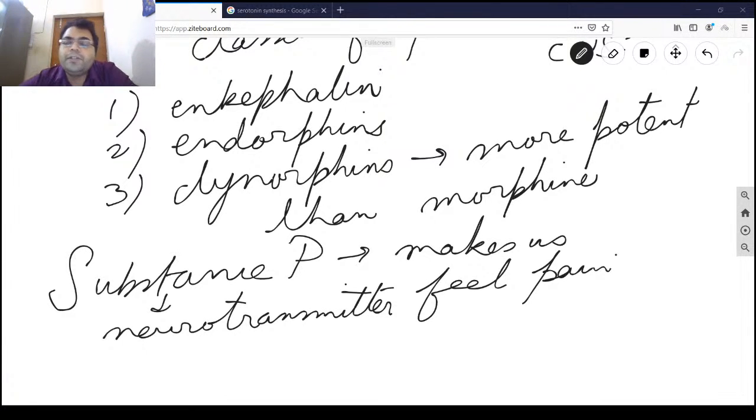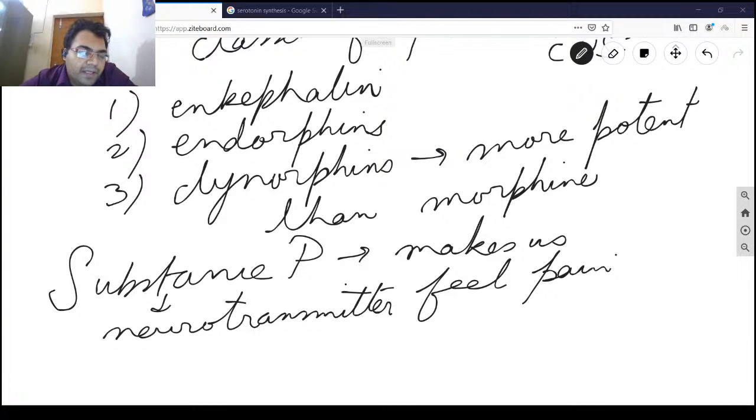Also ATP, ADP, adenosine, and gaseous neurotransmitters like nitric oxide, carbon monoxide, carbon dioxide, then the simple molecule adenosine. Then you have ATP, ADP, which also can act as neurotransmitters.